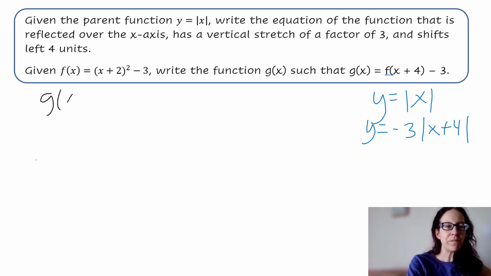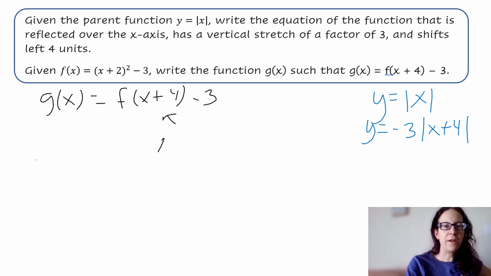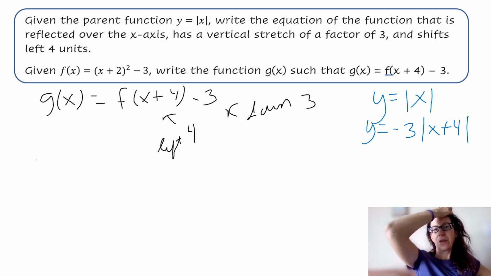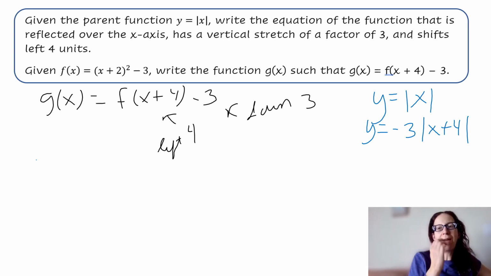So if I look at this, I know from what I just wrote that this has to go left 4 and down 3. So there's several different ways you can do this.